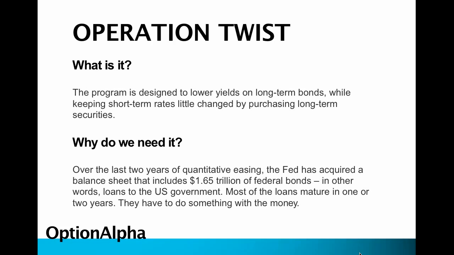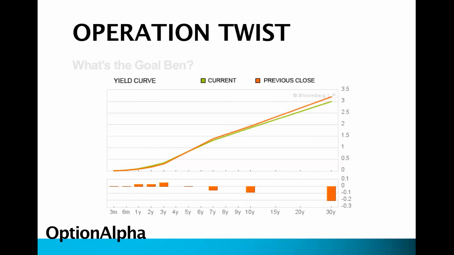Once they mature, the Fed has to do something with that money. So they're going to take that money and purchase longer term securities. So 10-year, 15, possibly even some of the mortgage-backed securities in the 30-year realm in an attempt to lower the long-term rates as well.